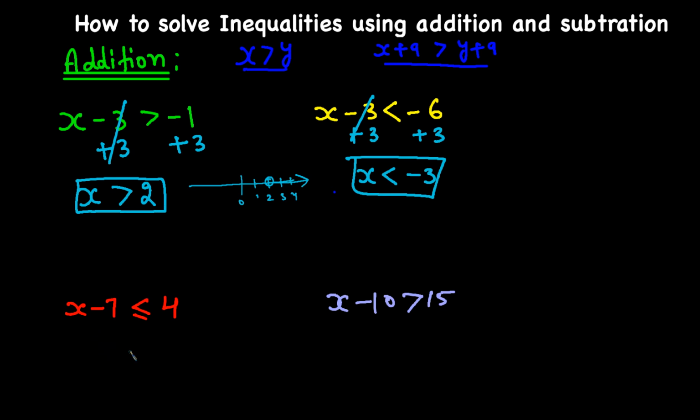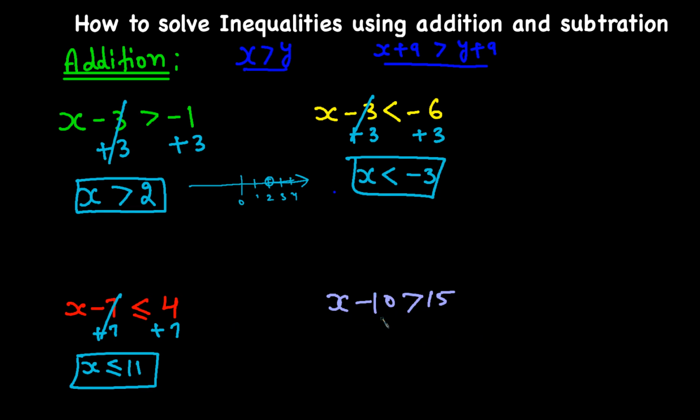So third one is x minus 7 less than or equal to 4. So again, I just want x, I want to get rid of this 7, so I'm going to add 7 on both sides. That'll cancel, gives me 0. So I'm left with x less than or equal to 7 plus 4 is 11. So that is my solution. And this one is x minus 10 greater than 15.